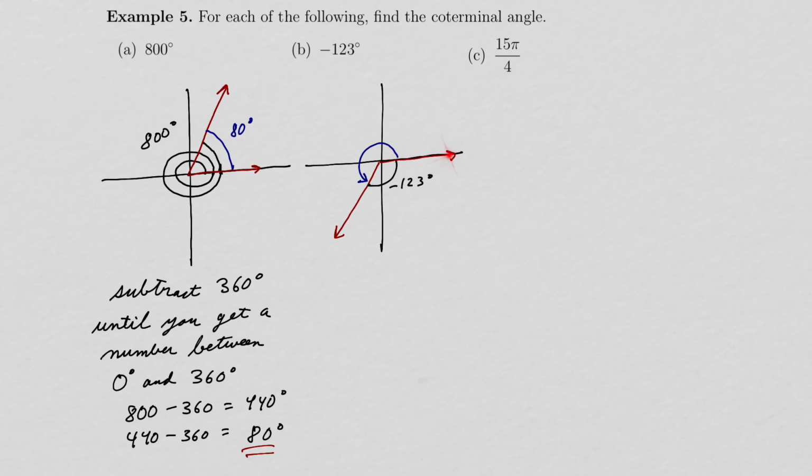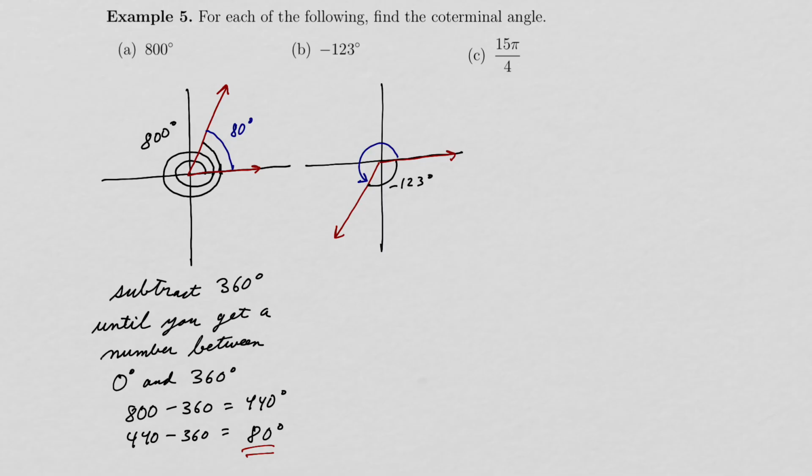Right? Because 0 to 360 means measuring counterclockwise, where I'm going to end up with the same terminal side. So this angle, negative 123 degrees, what is it equivalent to if I measure the angle between 0 and 360? The way to figure that out is, it turns out if you just add 360 until you get a number between 0 and 360, that will work.